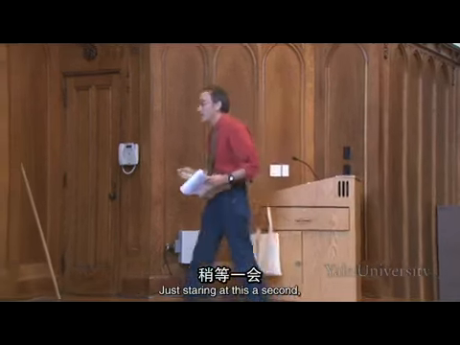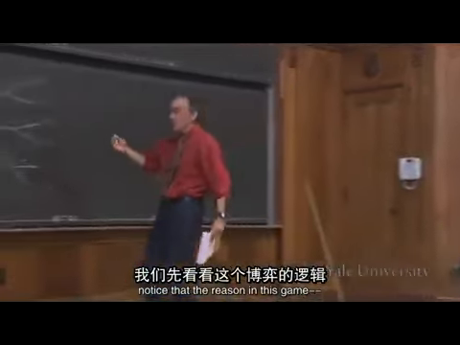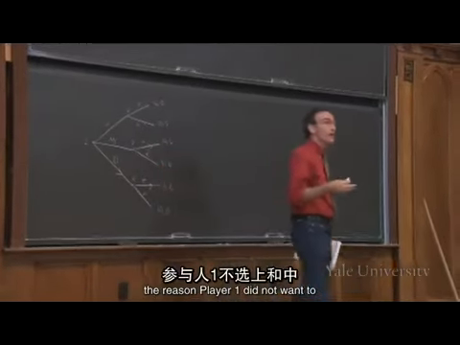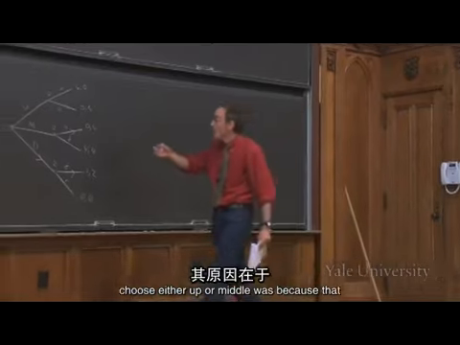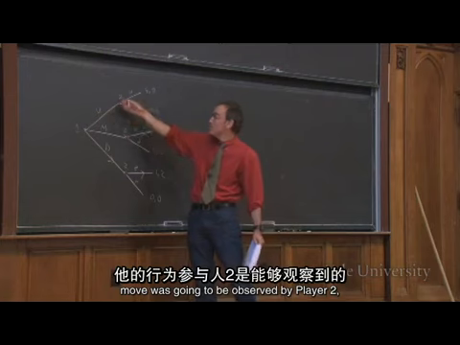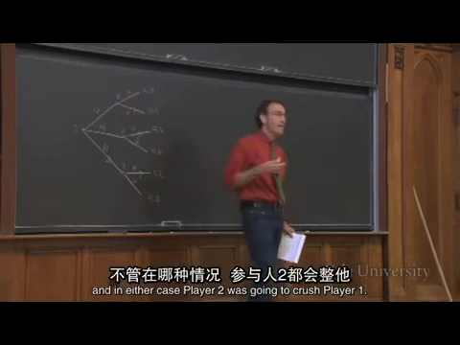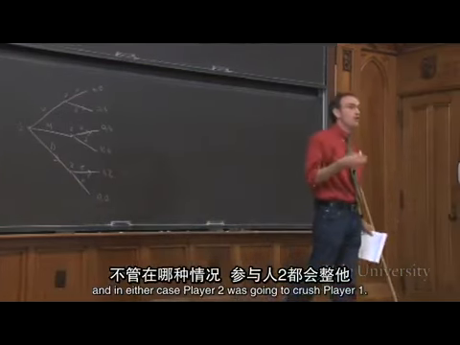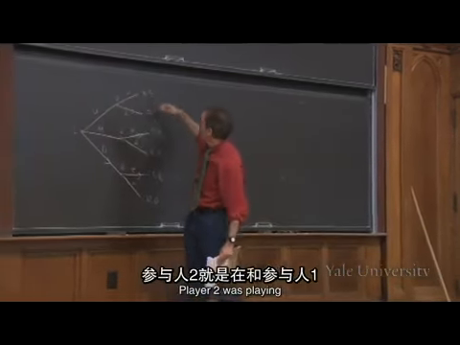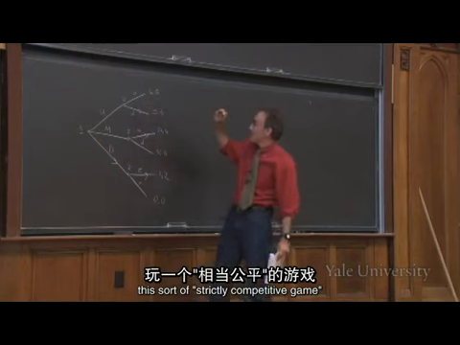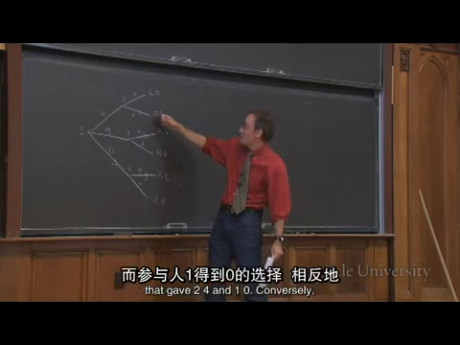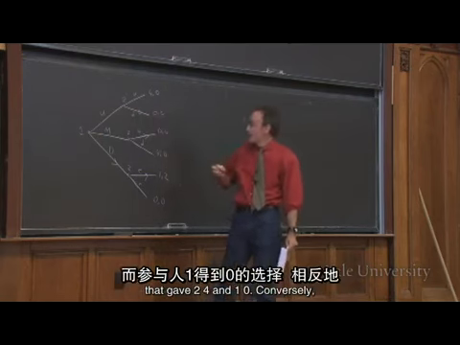Just staring at this a second, taking a step back from backward induction, the reason player 1 did not want to choose either up or middle was because that move was going to be observed by player 2, and in either case, player 2 was going to crush player 1. If player 1 went up, player 2 was playing this sort of strictly competitive game with player 1, and could make a choice that gave 2 a 4 and 1 a 0.